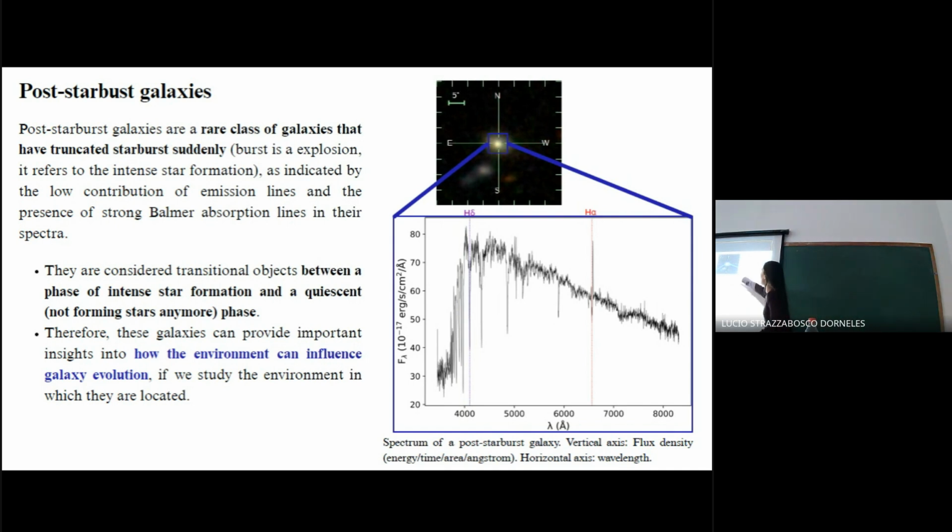For instance, this galaxy, and here we have the spectrum of this galaxy. As I tried to show you in the last presentation how to read this spectrum, now you can see these absorption lines, and if you remember, this means that this galaxy passed through an intense star formation, because I can see these strong absorption lines here.